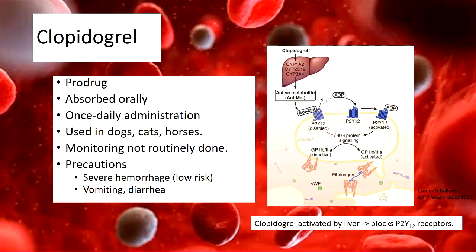Yes, you do have a risk sometimes of hemorrhage or GI upset. It's a pretty low risk, though. It's far better than stomach ulcers with aspirin, or we're going to talk about warfarin. It's a better drug than warfarin as far as avoiding side effects, okay?